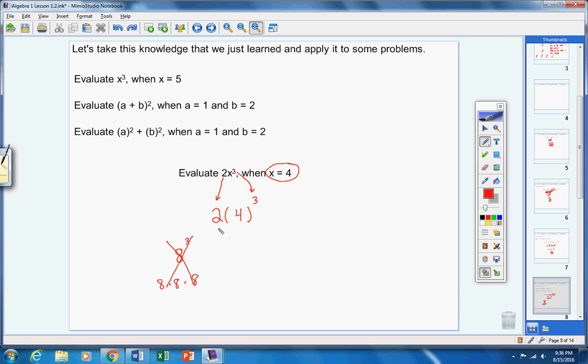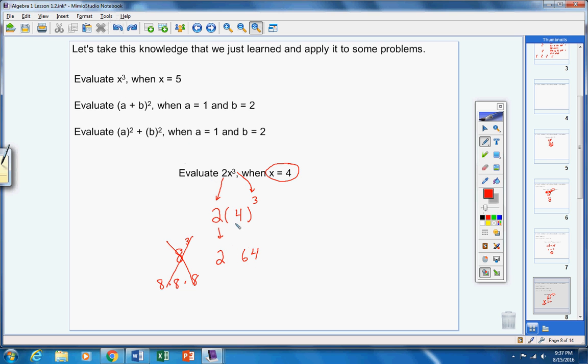So you bring the 2 down, and now you take 4 to the third power. 4 times 4 times 4. We can do that in our head. 4 times 4 is 16, and 16 times 4 is 64. Now, what are these two numbers doing? Are they adding, subtracting, multiplying, dividing? Well, look back up here.